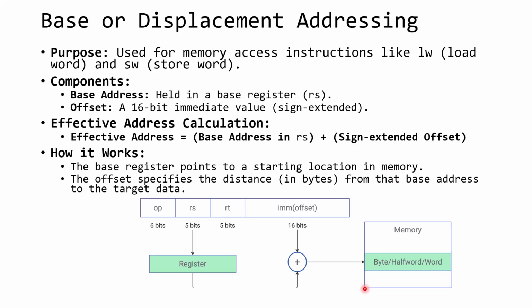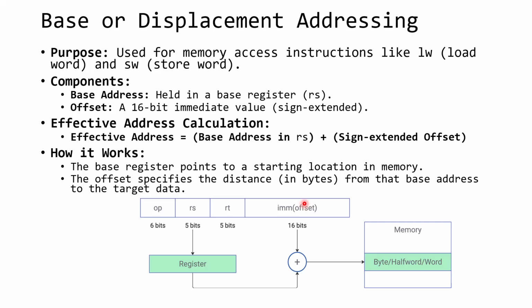The usual way is to use the first starting address of the data segment, which is 0x10010000. From there, the starting location, we can calculate the distance based on the offset. The offset here is calculated in bytes.